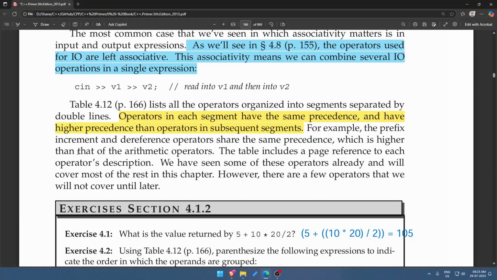For example, the prefix increment and dereference operators share the same precedence, which is higher than that of arithmetic operators. The table includes a page reference to each operator's description. We have seen some of the operators already and will cover most of the rest in this chapter. However, there are a few operators that we will not cover until later.